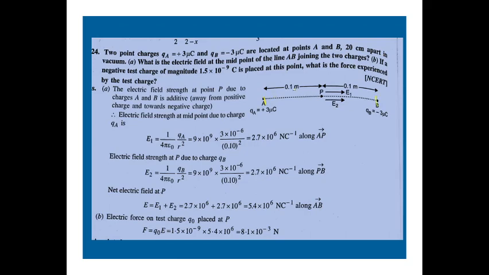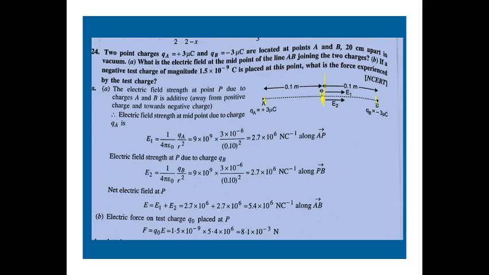Converting into meter, it is 0.2, so half of it is 0.1 meter from the center on each side. These are equal and opposite charges in a vacuum. What is the electric field at the midpoint of the line joining these two charges?